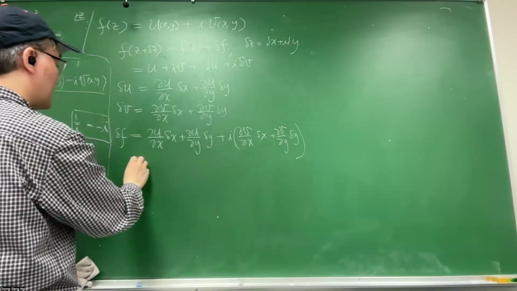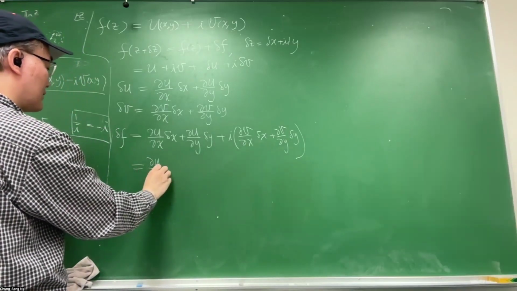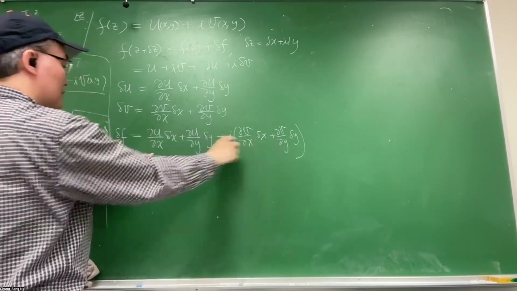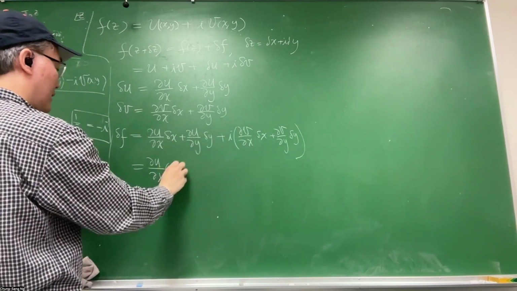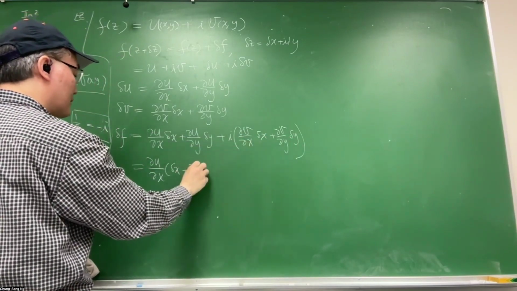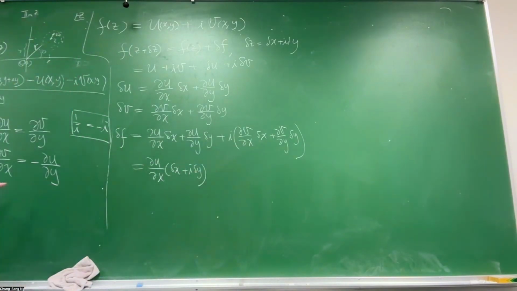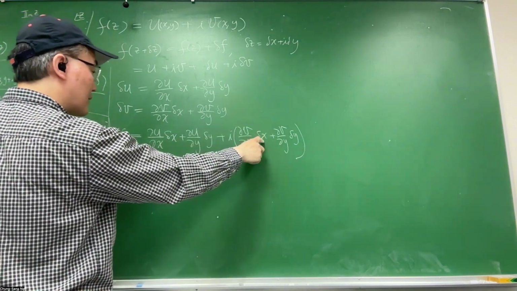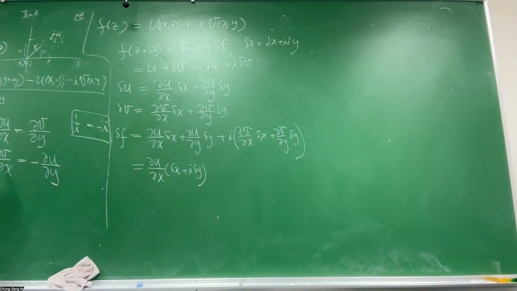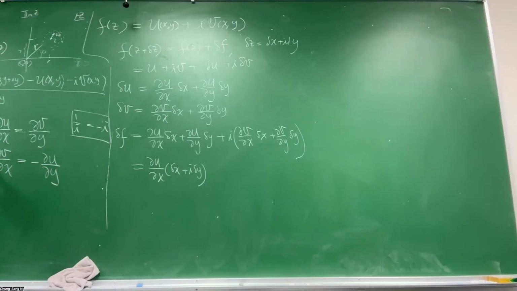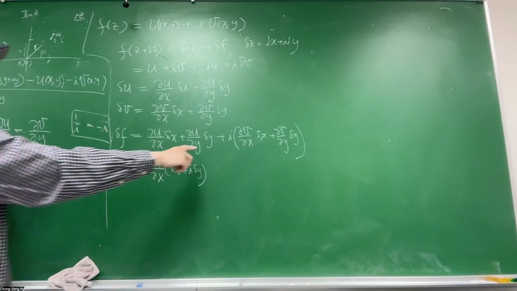So we keep this partial u partial x, and this also changes to partial u partial x, but these two are the same. So you group delta x, and there's an i here, delta y, right? And there's partial u partial y in here, and I can change partial u partial y to minus partial v partial x, right?